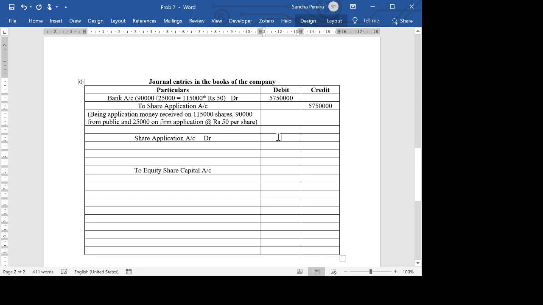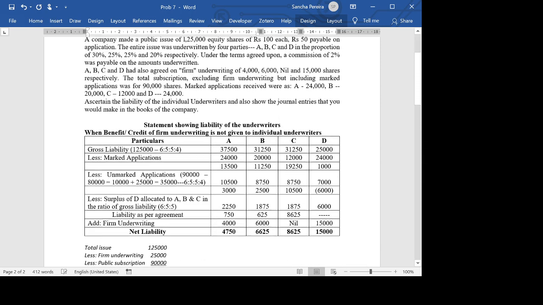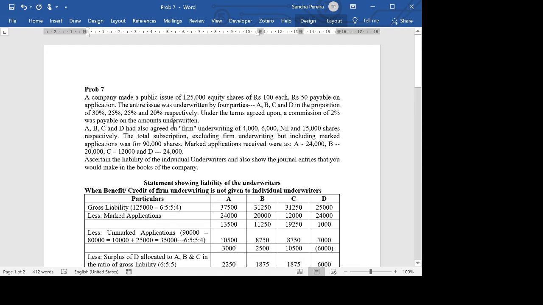Now, in our share application account, we have received how much? 57 lakhs 50,000. In our equity share capital account, how much are we supposed to have? How many shares were floated in total? They had floated 1,25,000 shares, and they appointed underwriters so that each and every share is subscribed to. Even if the public does not subscribe, the underwriters take up shares.